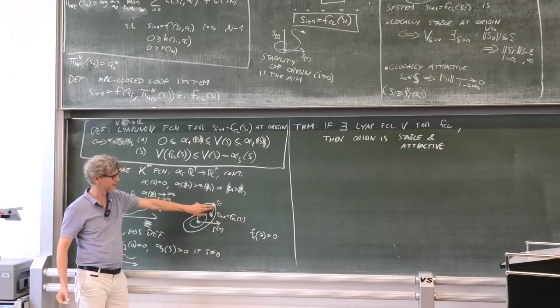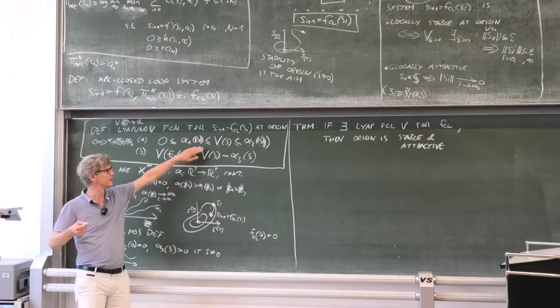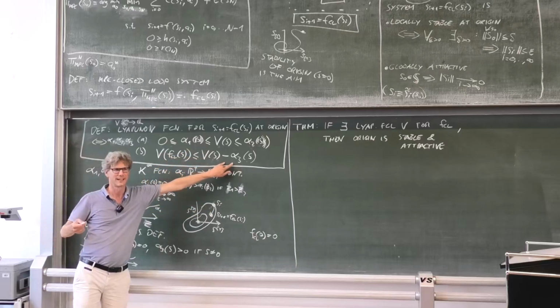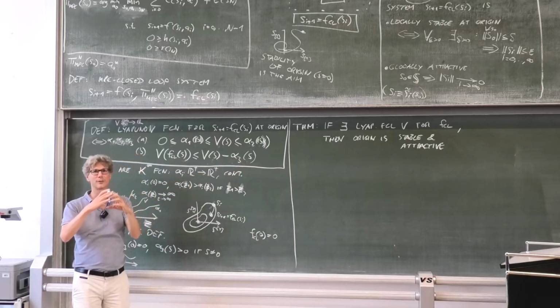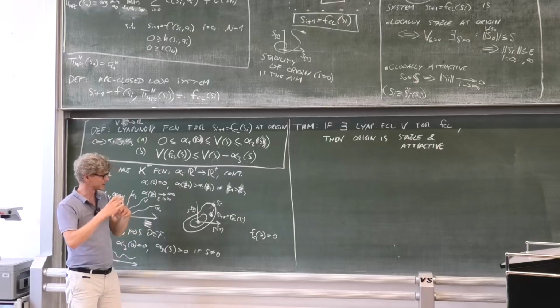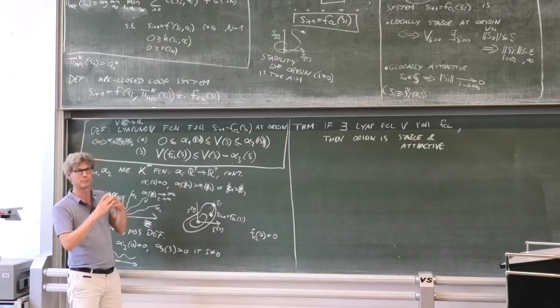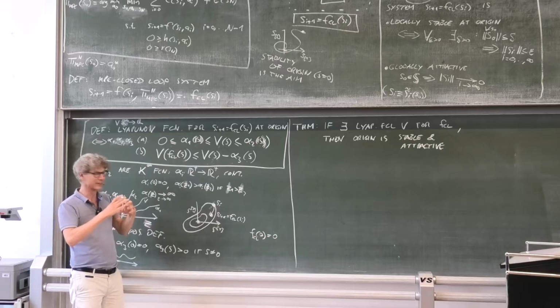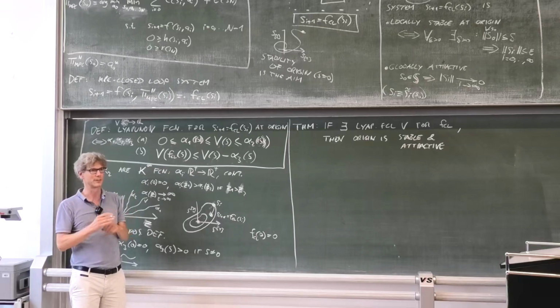And if you are in one level set, you will never ever exit that level set again, because you can only decrease. Yeah? Even more, if you're not at zero, then you will, from one level set, always go into a level set which is a bit smaller. So in that sense, you never leave the level set, that's what makes it stable, right? But you also reduce the level sets all the time, and that's why you will converge.